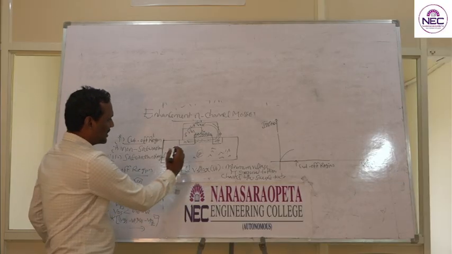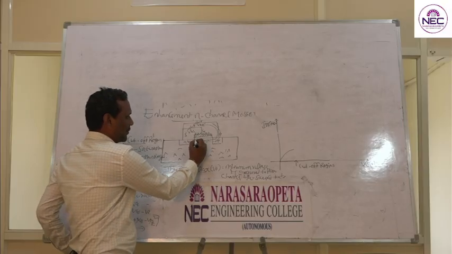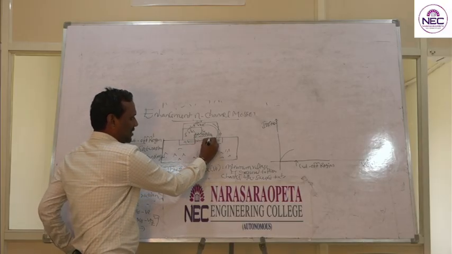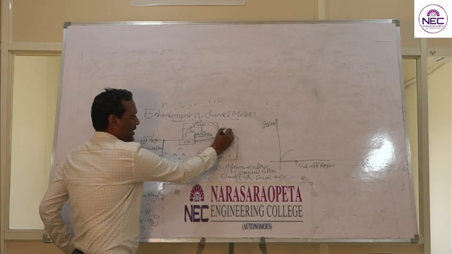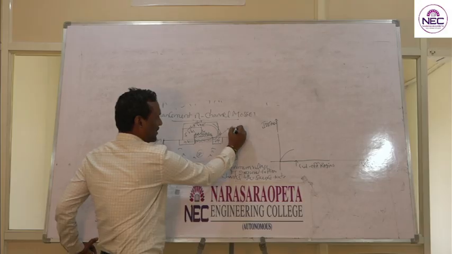Now you keep on increasing the VDS value. The channel width will become reduced, and it is touching this point. This point is called the pinch off voltage.